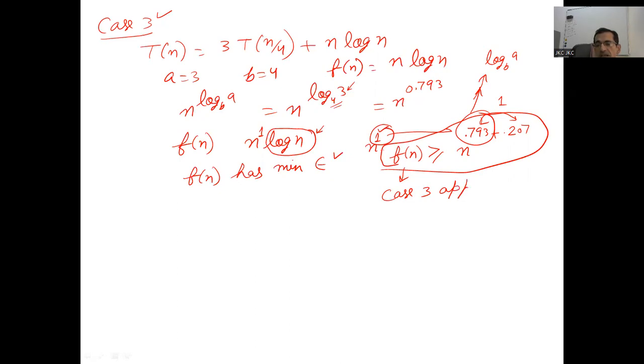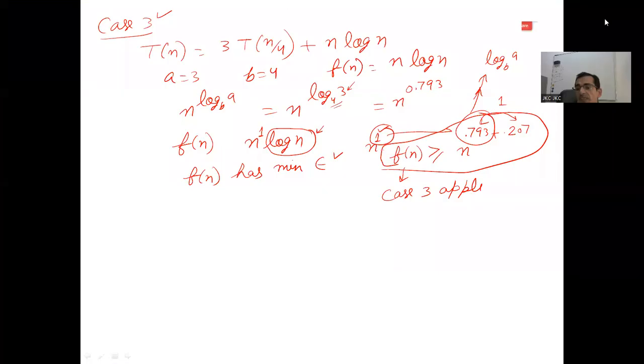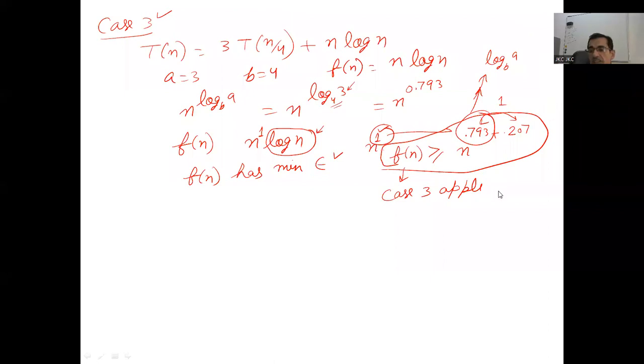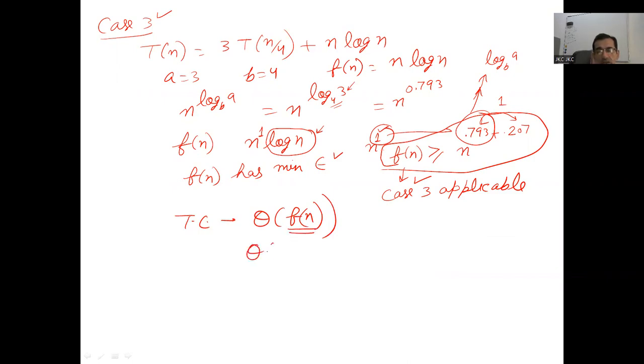So case 3 is applicable directly, and I can claim the corresponding time complexity will be based on f(n). So my time complexity will be theta of f(n), and f(n) given to me is n log n, so it is theta of n log n.